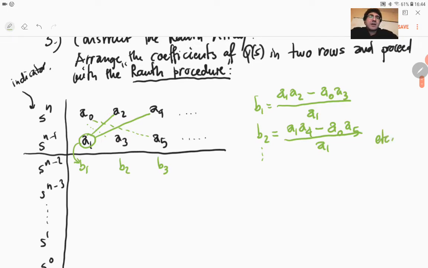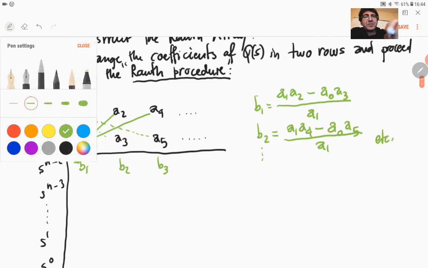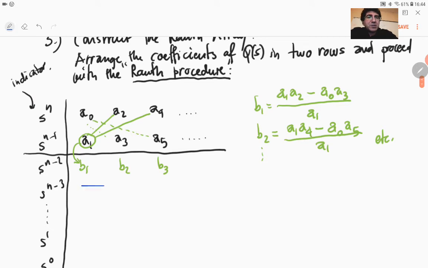Okay, now what about the next row? In the next row, we will have a set of coefficients. Let's call them c1, c2, and c3. In this case, we will use the previous two rows in the same manner. So we will consider b1 with a3.